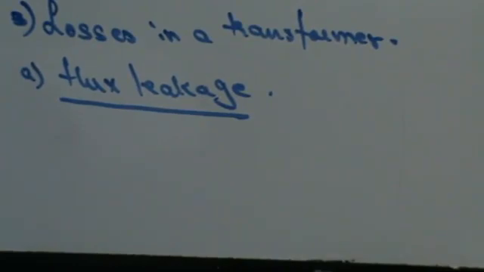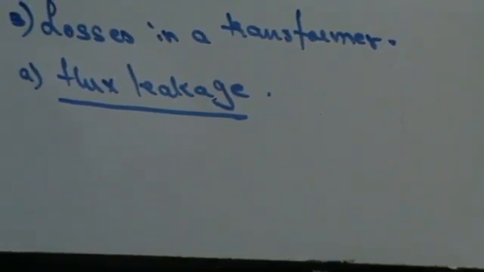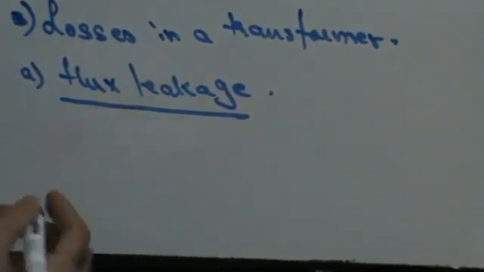Then the magnetic flux in each turn of primary will not be linked with each turn of secondary. Hence, the EMF induced in secondary will not be proportional to the number of turns because some flux has leaked out. So the first is flux leakage.